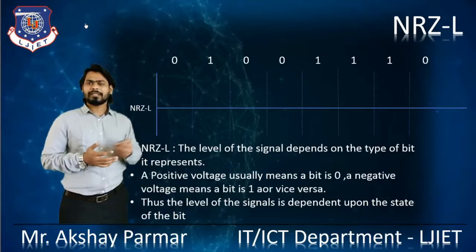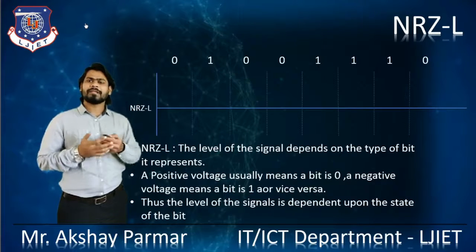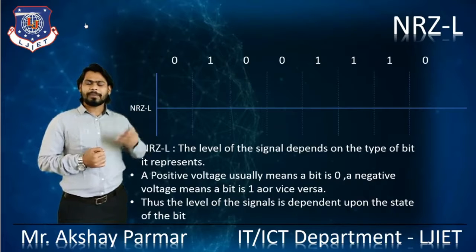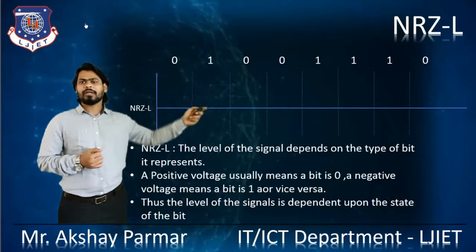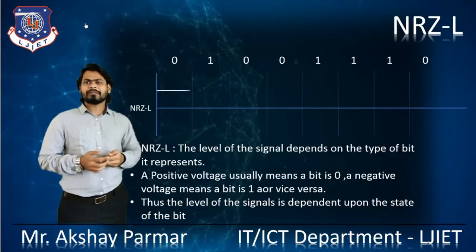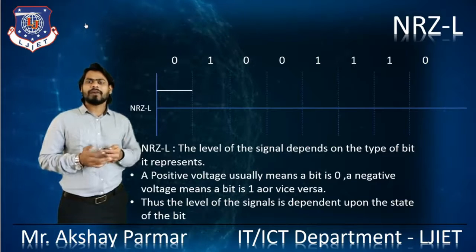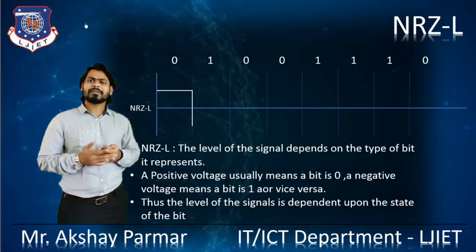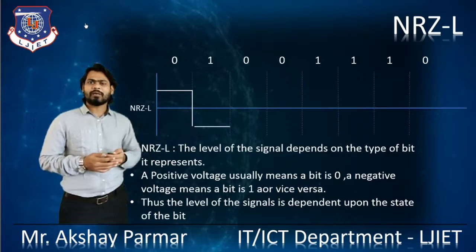In this session we have taken positive voltage to represent bit 0 and negative voltage to represent 1. The first bit, 0, is represented by the positive voltage. The second bit is 1, which is represented by the negative voltage.